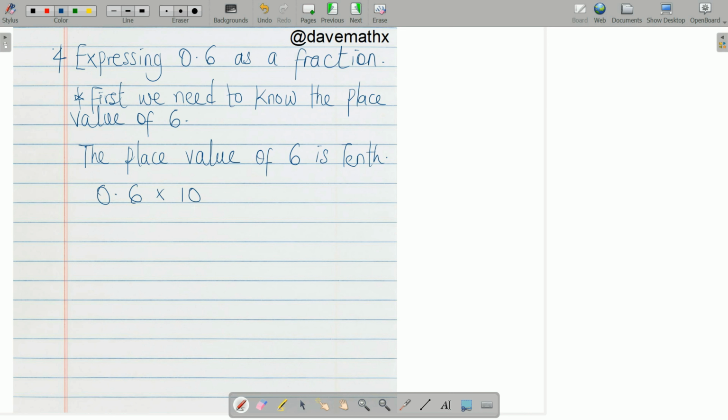Now that we are aware that 6 is in the tenth place value, we divide the decimal by 10 and multiply it by 10. 0.6 times 10 will give us 6, since the decimal point moves one place forward.